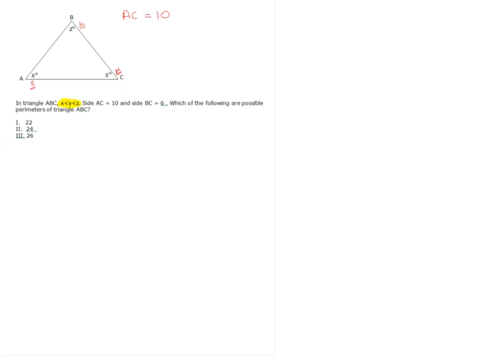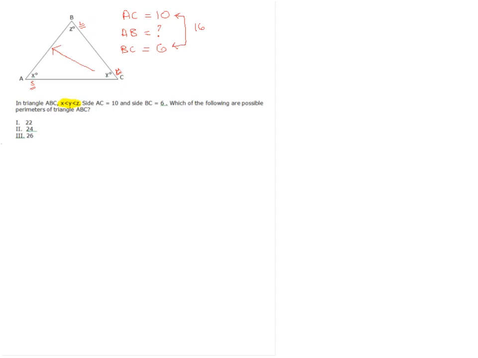That means that side BC, which is opposite angle X, or the small angle, is going to be the smallest side. So what is the mid-range side? Well, that's obviously AB, and that's obviously what we're being asked about indirectly, because it's not saying what is AB, it's saying which are possible perimeters. Well, the reality is we know that AC plus BC is a grand total of 16.